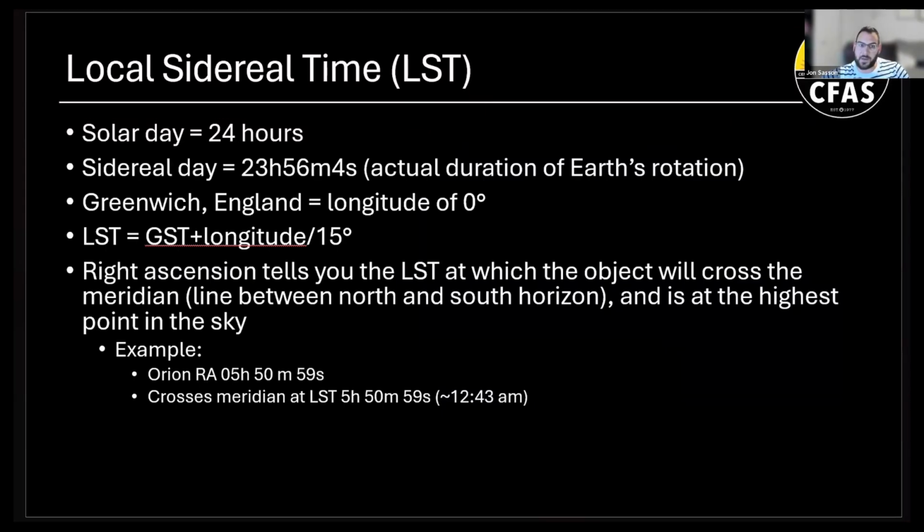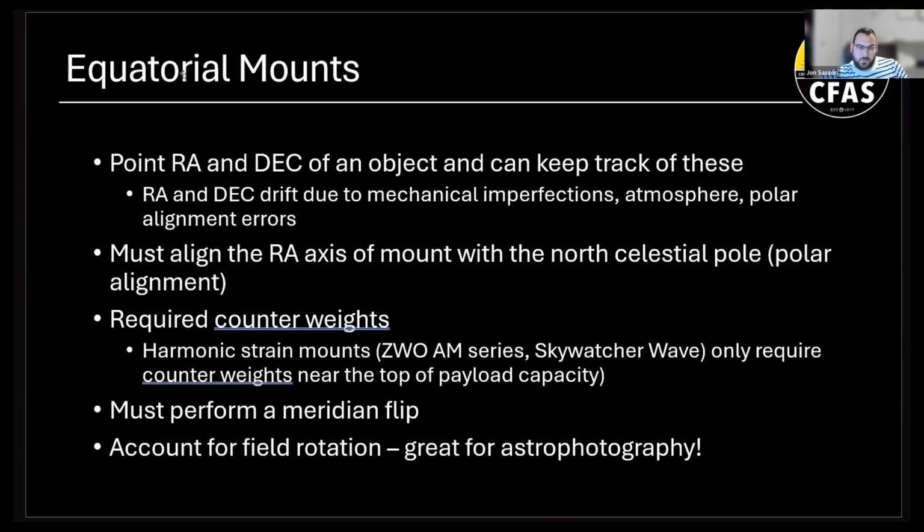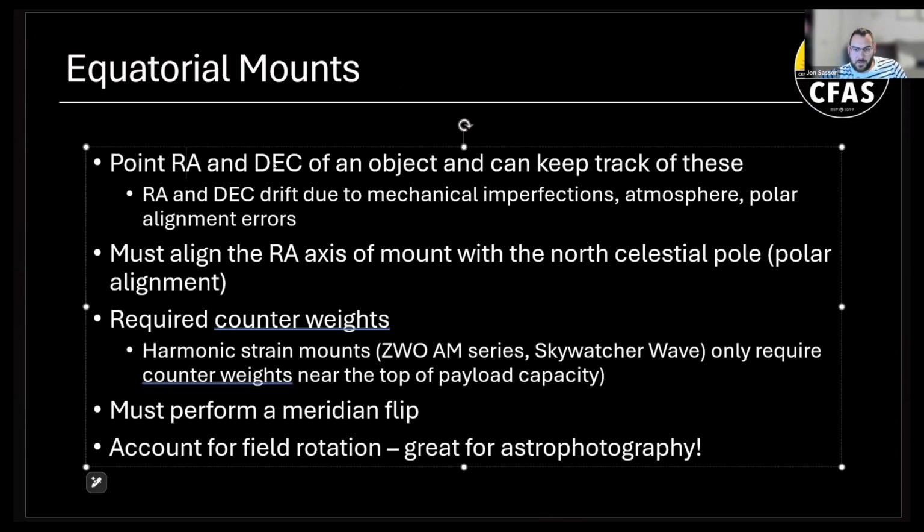All right, so now let's go back to mounts. An equatorial mount points in RA and declination, and it can point to the RA and declination of an object and keep track of it. And again, these will drift due to mechanical imperfections from the mount, not because the object itself is moving. With an equatorial mount, you have to align the RA axis of the mount with the north celestial pole, and that's what we call polar alignment, as I'm sure everyone has heard.